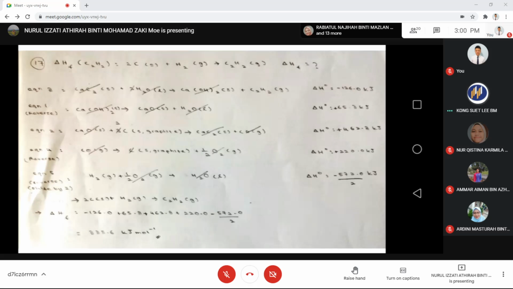Oh, sorry, Medium. Okay, for question number 17, it states that acetylene is a gas used in welding torch. It is produced by the action of water on calcium carbide, and calculate the enthalpy of formation for acetylene in kilojoule per mole by using the thermochemical equation given.